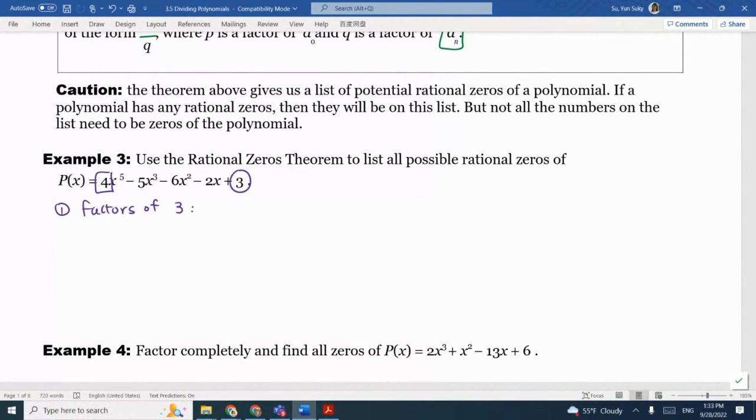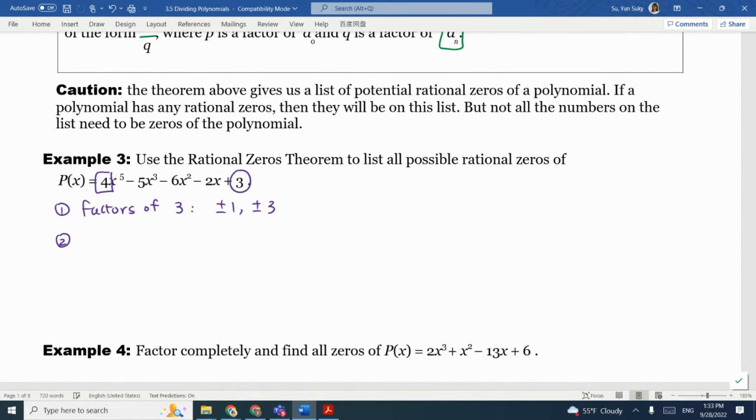What are the integer factors of 3? Plus or minus 1, plus or minus... is 2 a factor? No. Then it must be 3. So 1 and 3, each can be plus or minus. These are the integer factors of the constant term.